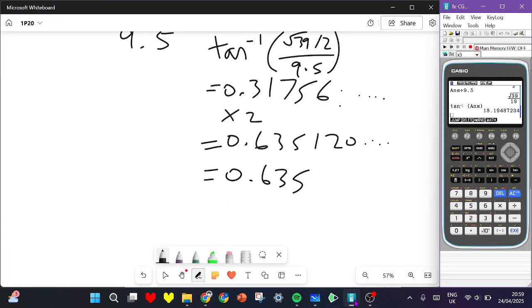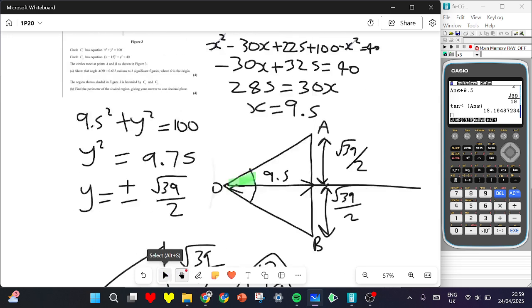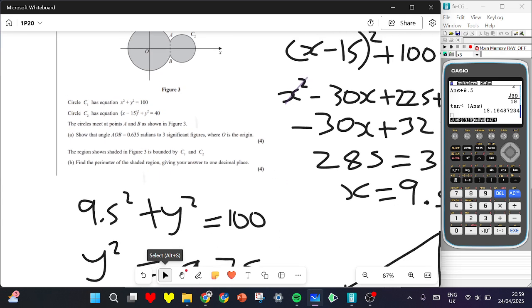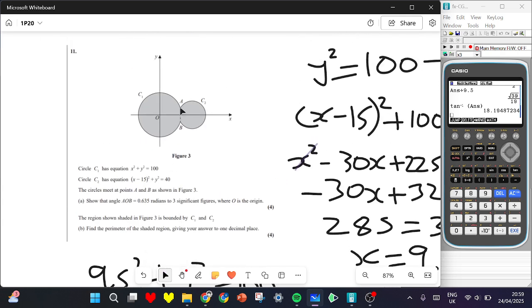And then for part B, for this one we need to find the perimeter of the shaded region. So that's basically all of the circle part minus the bit that would normally be between A and B. So since in part A we found the angle AOB, there's probably a way that we can use that for part B, right?